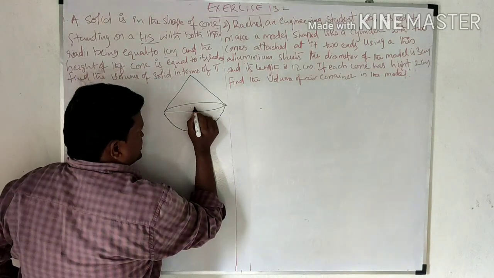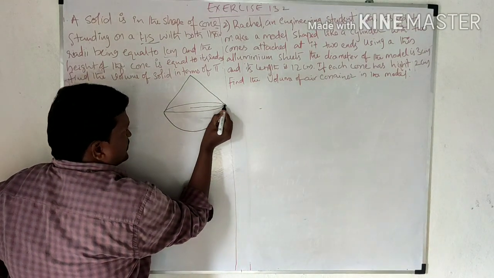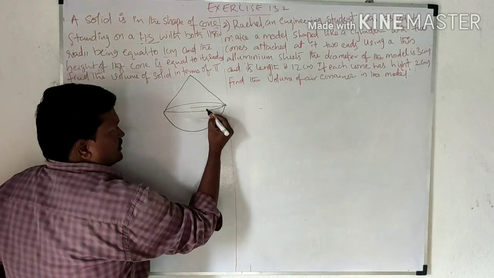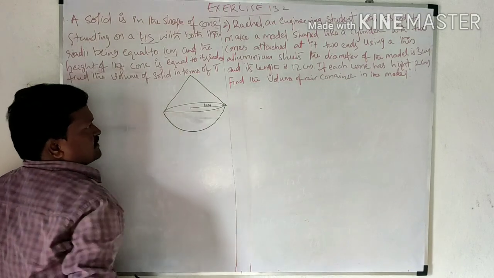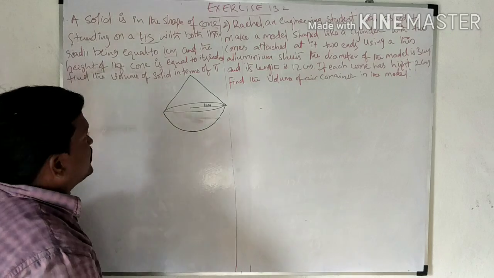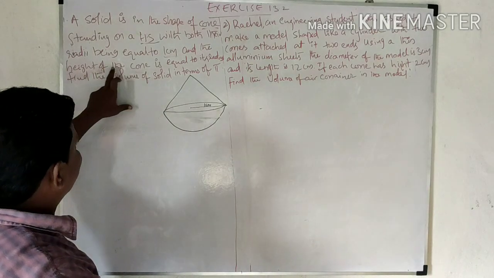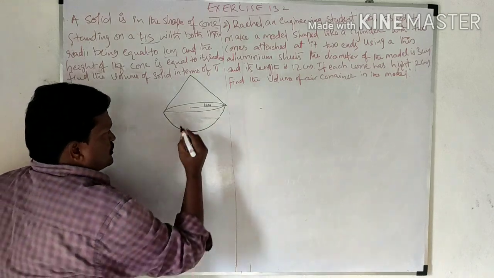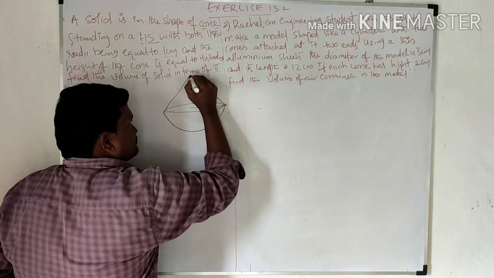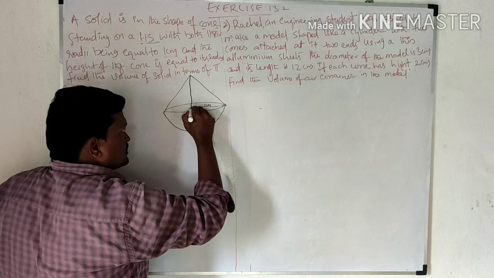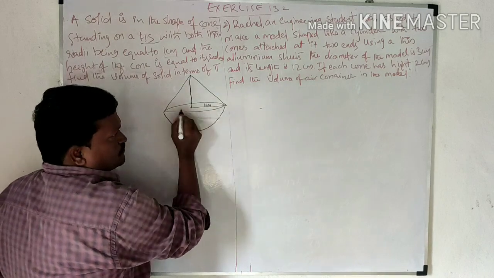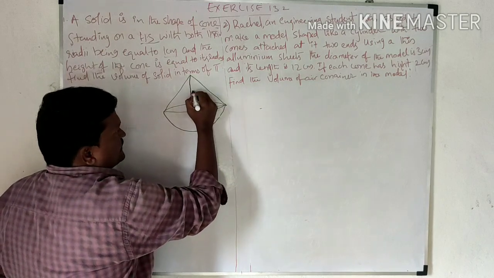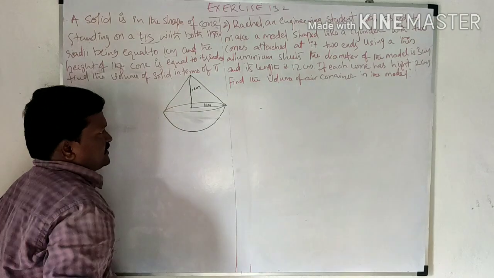This is the radius of both hemisphere and cone, and also it is given that the height of the cone is equal to its radius. So this is also the height of the cone. This height is also equal to the radius of this cone. It means this is also 1 centimeter.